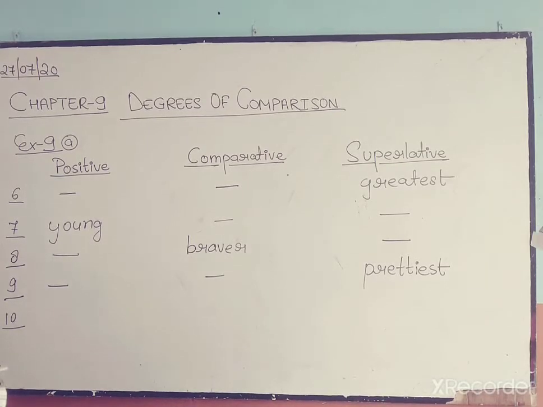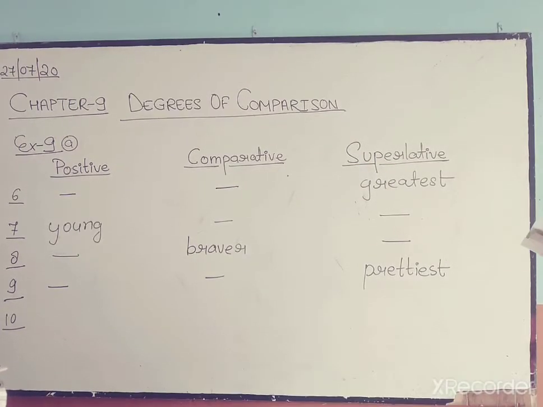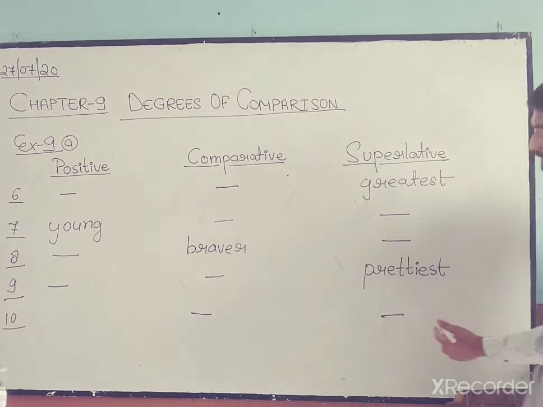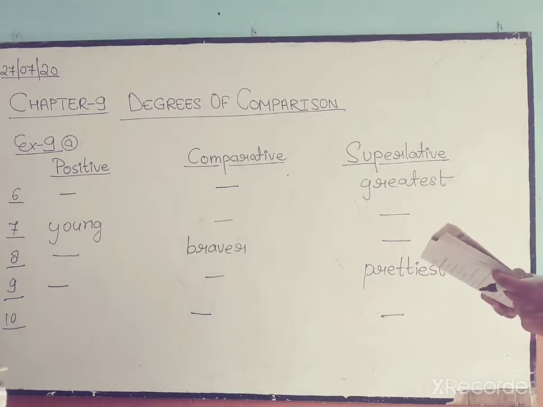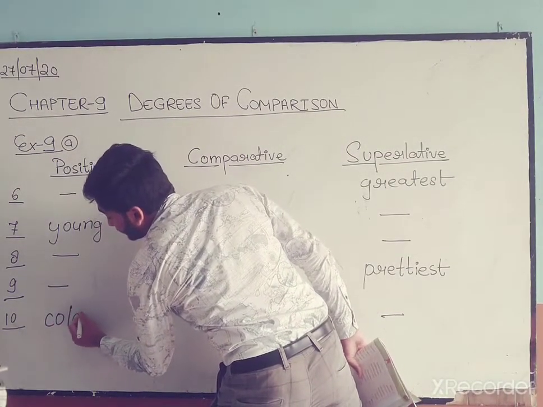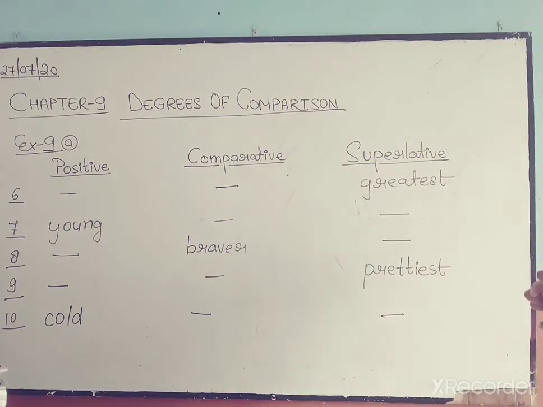Number 10, we have comparative and superlative, which are older and oldest. That means we have to write positive, and it will be old.